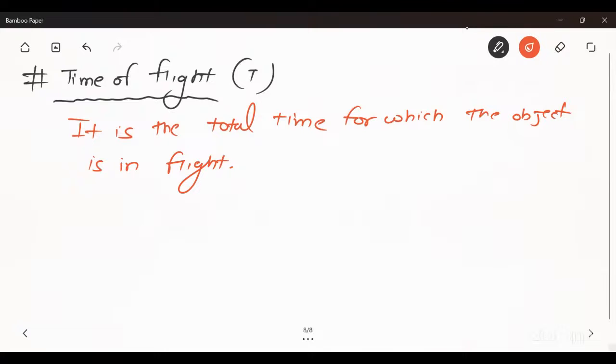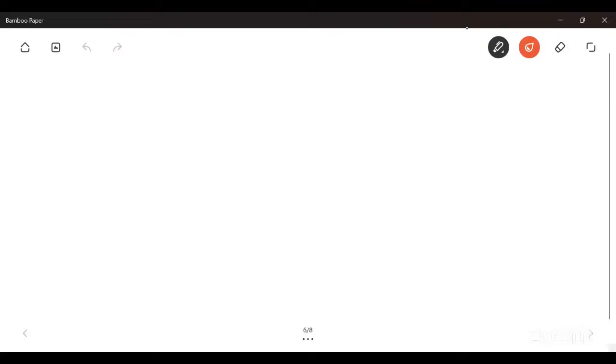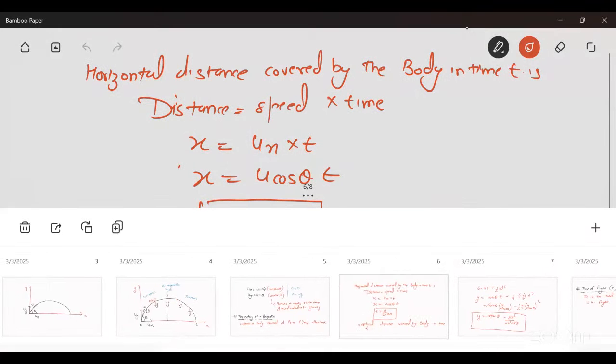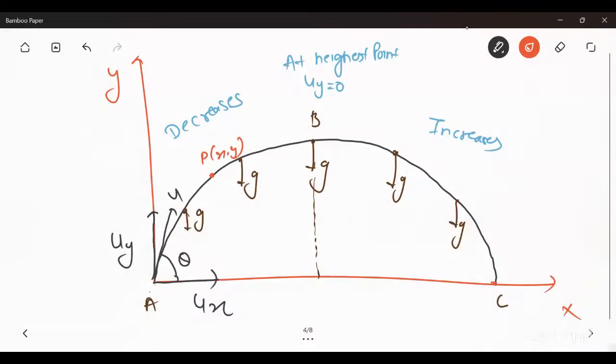Okay. So from A to C, the object is in flight. So the time from A to C is known as the time of flight.